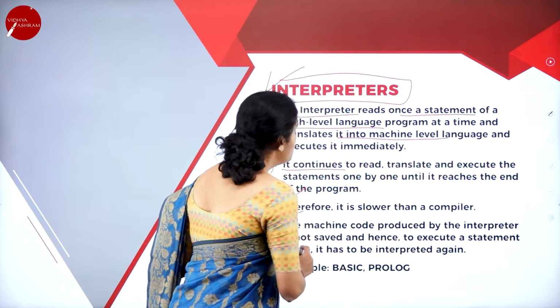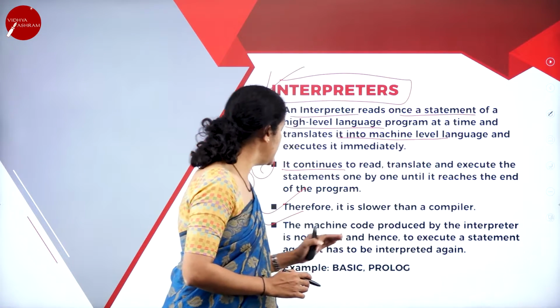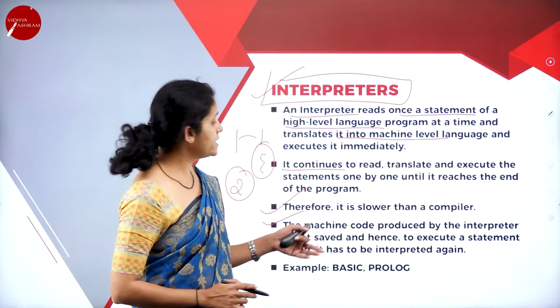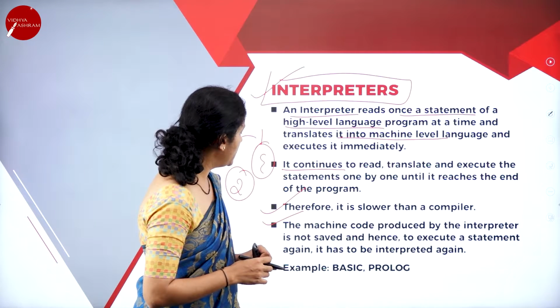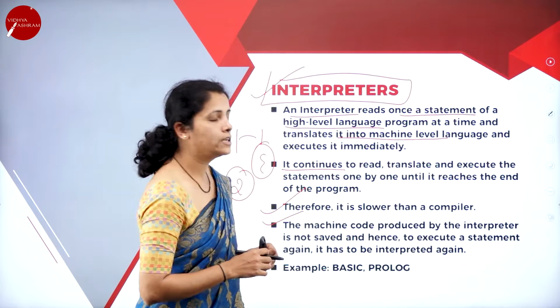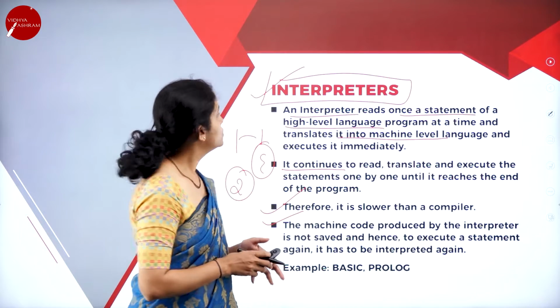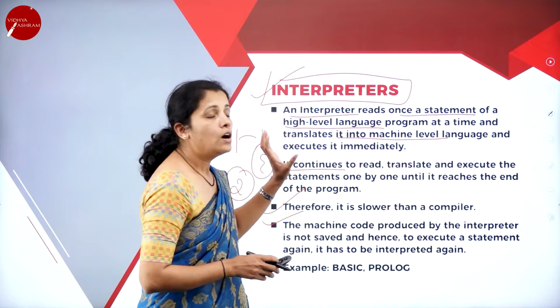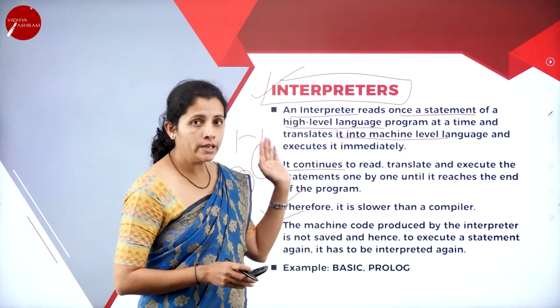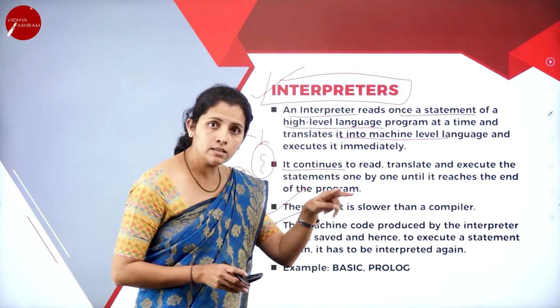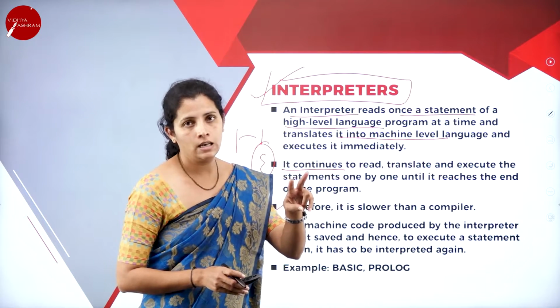Now the machine code produced by the interpreter is not saved, and hence to execute a statement again it has to be interpreted again. So in the interpreter I'm going to consider one line at a time. That means I'm going to read that line, translate that line and execute that line.